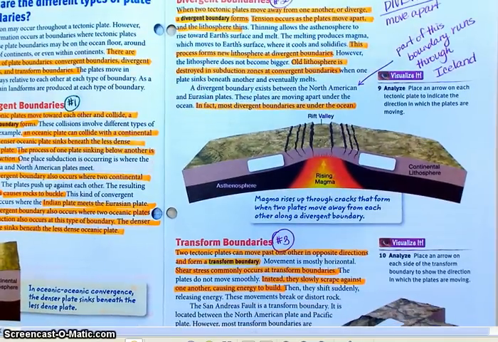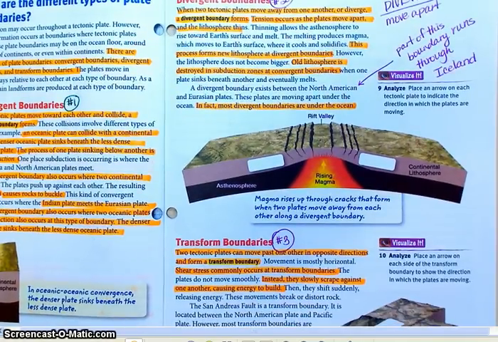All right, transform boundaries are the third type of plate boundary. Two tectonic plates can move past one another in opposite directions and form a transform boundary. Movement is mostly horizontal. Shear stress commonly occurs at transform boundaries. The plates do not move smoothly.